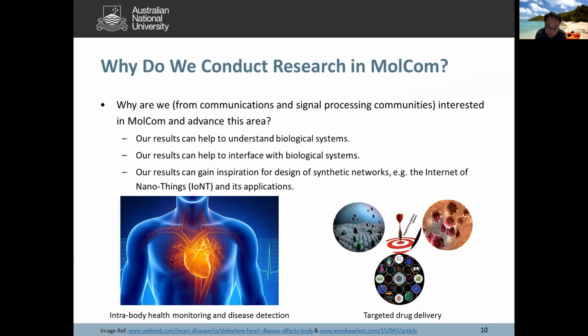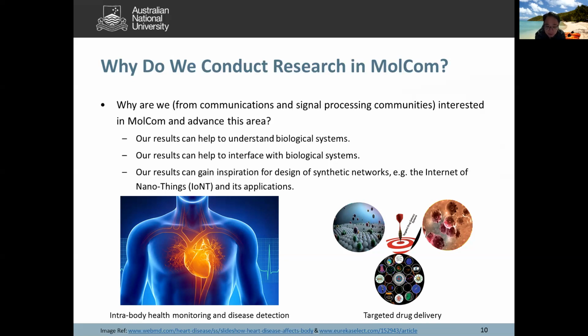For example, we can use nano machines to timely detect a disease which has happened within the human body, and this will help us to prevent the growth of the disease from the early stage, help to identify the disease, and extend the life expectancy of human bodies. So these are the benefits of health monitoring and disease detection.